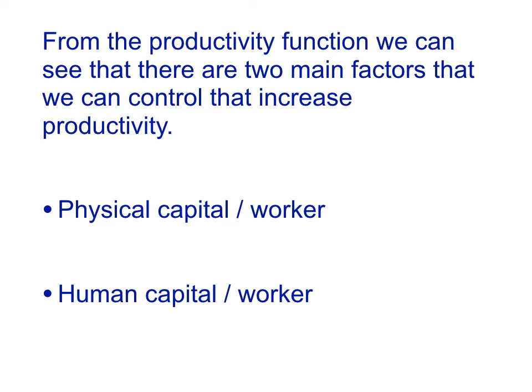So two of the big factors that we can control in order to cause growth in an economy would be physical capital per worker and human capital per worker. It's hard to control natural resources per worker, although we can. We have natural resource management. But generally, the governments will focus on these two incentives, right?